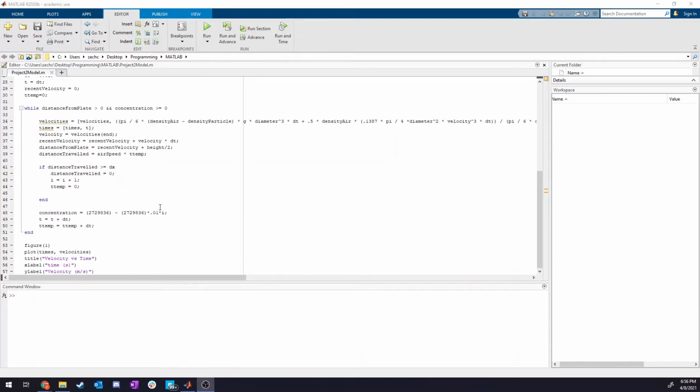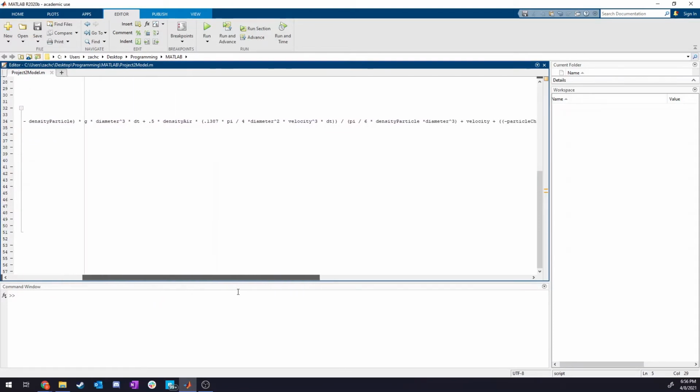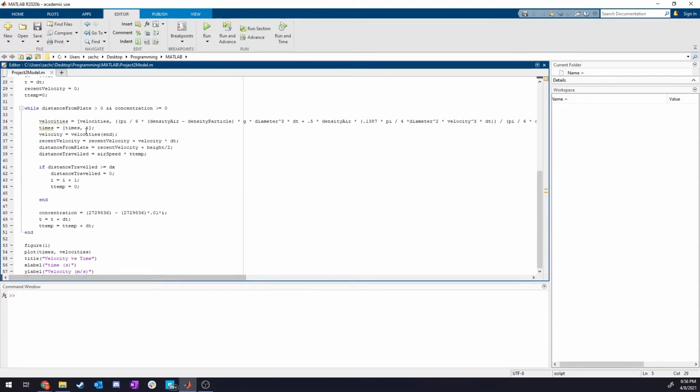Within this while loop, we made two matrices. The first matrix being a velocity matrix, where we appended to the end the velocity that the particle would be going after every delta t. And then the times matrix that we created simply had the time that is passed in every index. This velocity value is just the last velocity in the matrix.